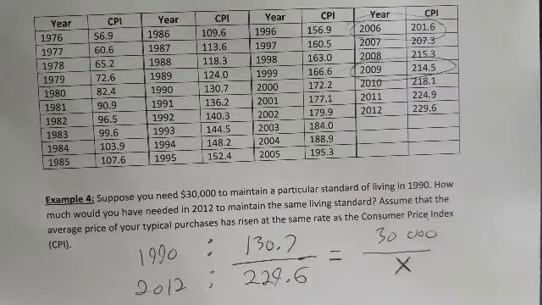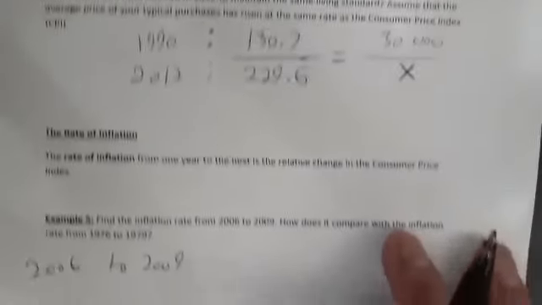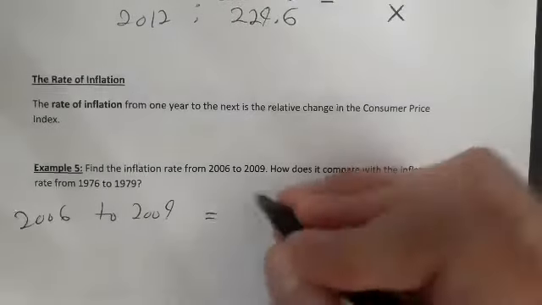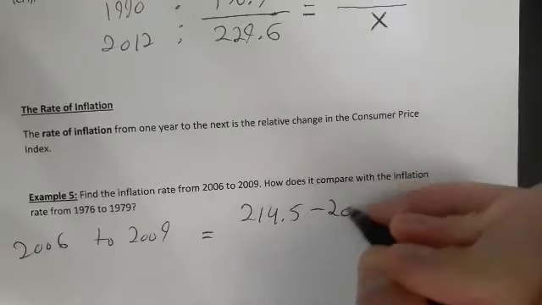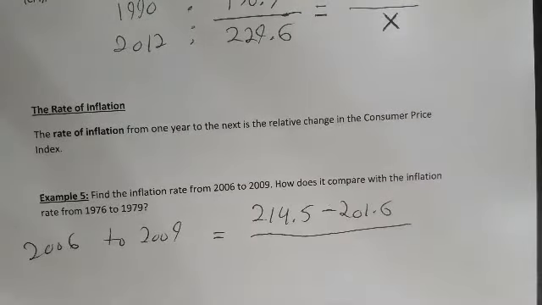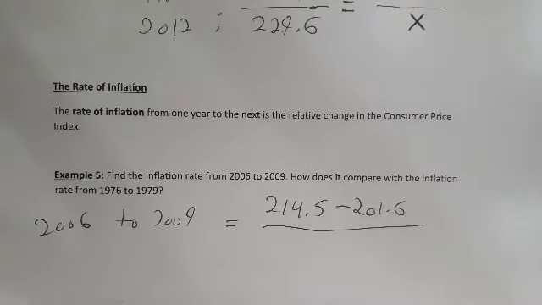So I'm going from 201.6 to 214.5. We've talked about relative change: I take 214.5 and subtract 201.6. That would be my absolute difference, or absolute change.